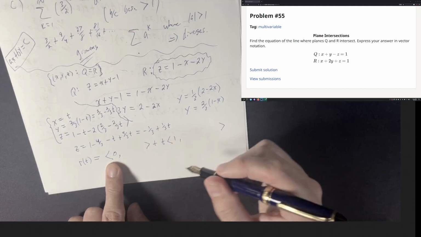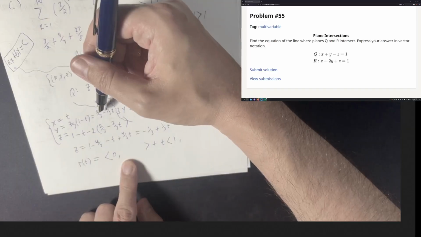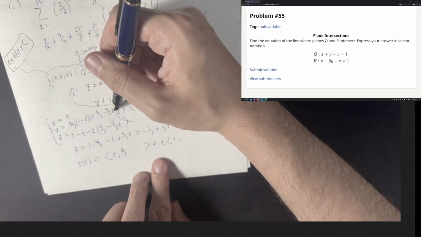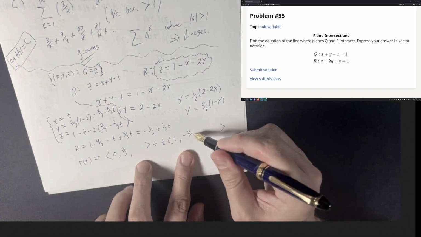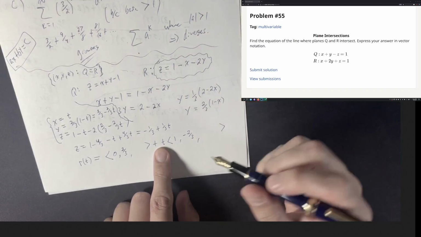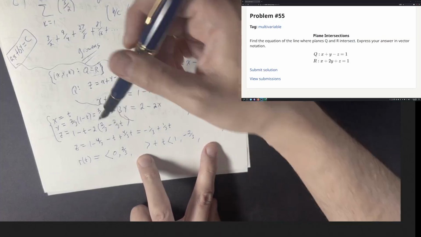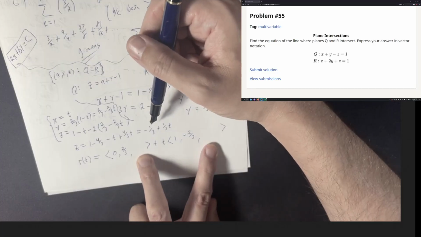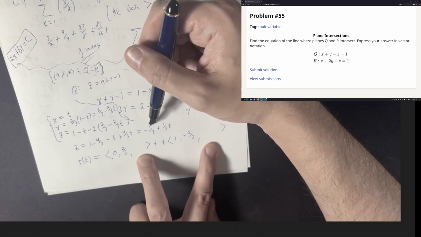And then the y coordinate looks like it has 2/3. That's our starting point. And we're subtracting 2/3 of t. So I'm going to put negative 2/3 over here in the y component that's being scaled by t. And then finally the z coordinate we said is negative 1/3. That's our fixed value. That's like our y-intercept. I guess it's sort of a z-intercept.